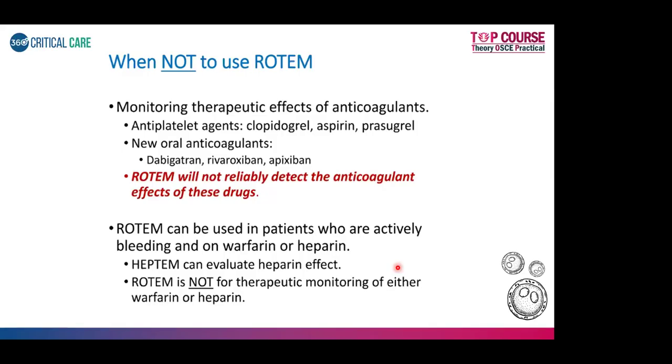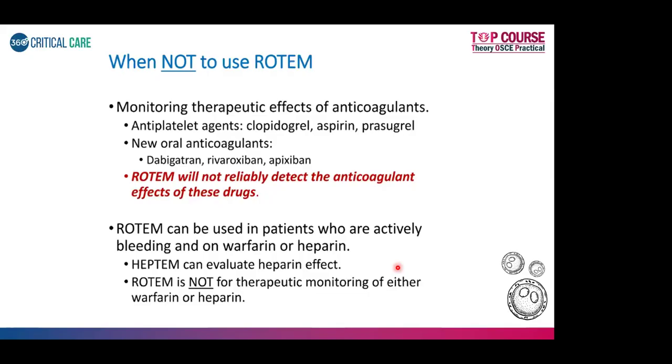Usually in CABG, in cardiac centers, they have an algorithm for a massive bleeder like this, and they go in a stepwise approach. After PCC, everything is given. Still, if the patient is bleeding, DDAVP and everything else will be given. Before giving PCC, they look at ionized calcium levels, and before that, they look at temperature.